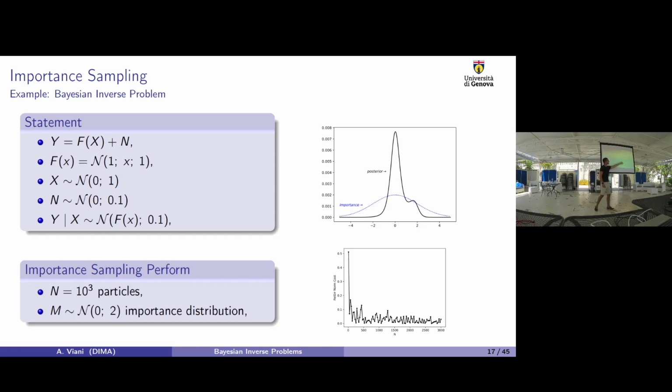So from each x that I sample from the importance distribution, I evaluate the f of x, so I'm able to evaluate the likelihood, then I just multiply the prior, I know it is a normal distribution, and then I get the P, the distribution of the posterior.